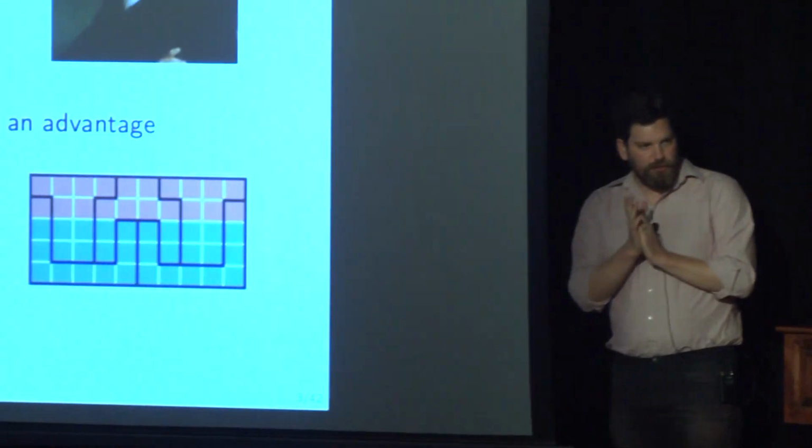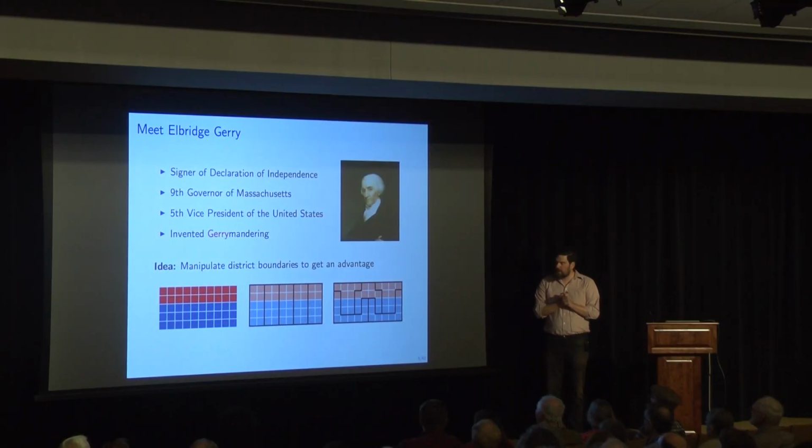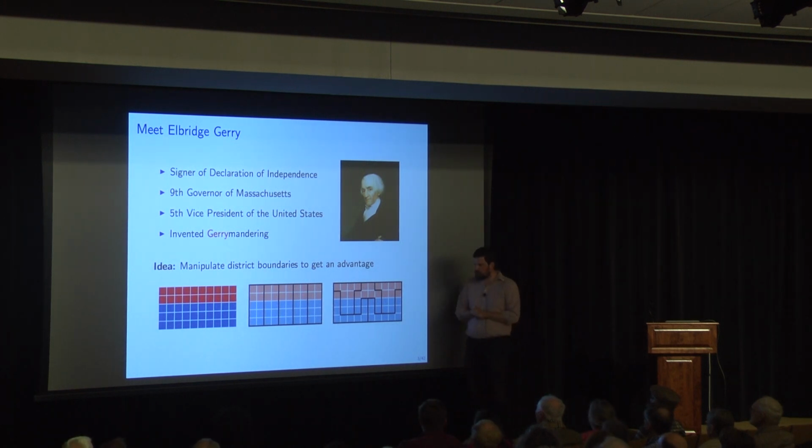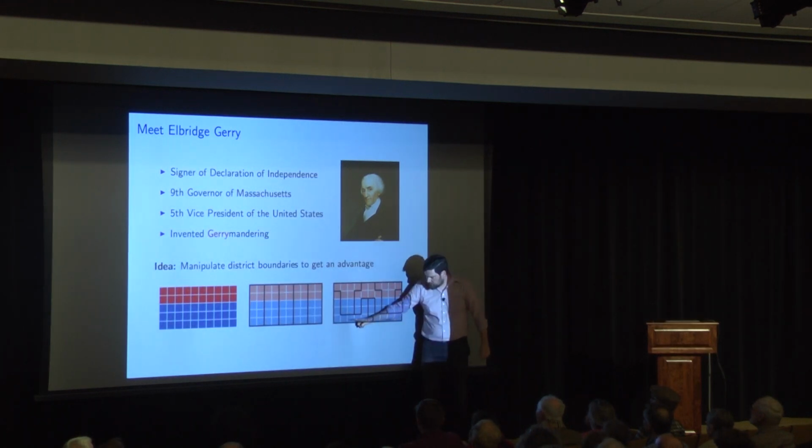If red had the pen, red can also score an advantage. Say red has only 40% of the vote, and they're able to get 3 out of 5 districts, 3 out of 5 seats by drawing these contorted voting districts. So this is one of the districts, this weird U shape, okay?